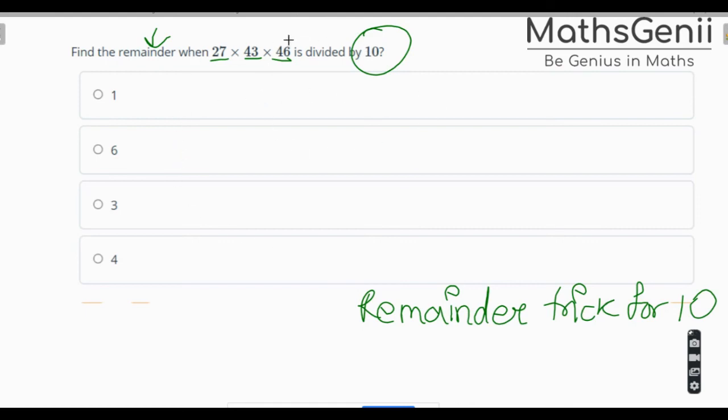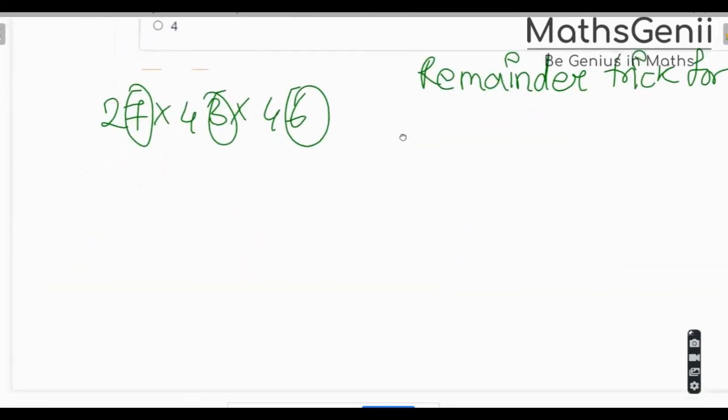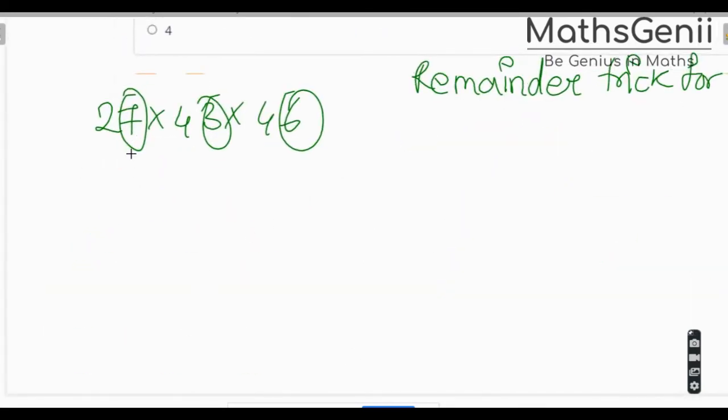Whatever is the last digit, I'll multiply only the last digits. The last digits are 7, 3 and 6. I will multiply only these.